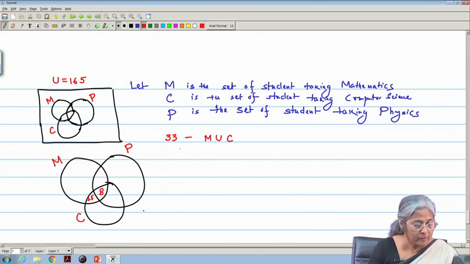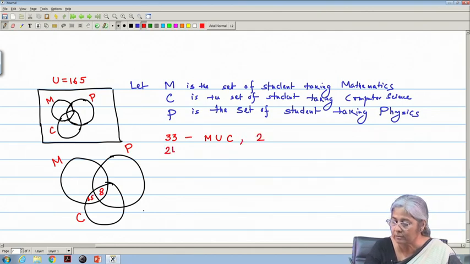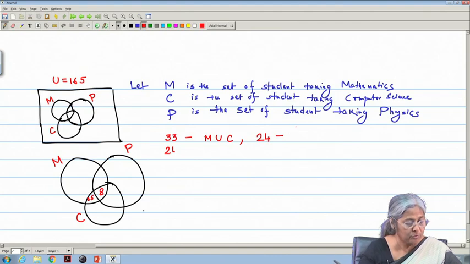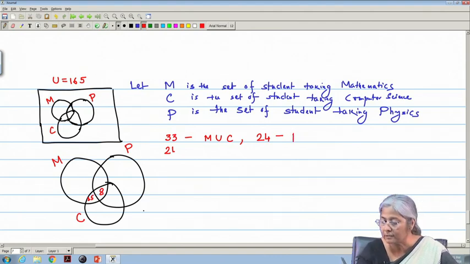Similarly, 24 students are taking physics and computer science.